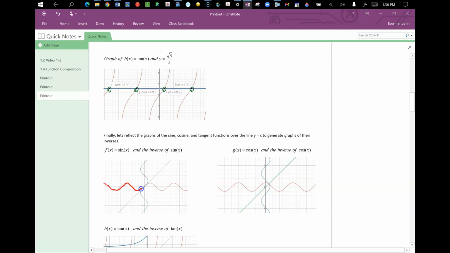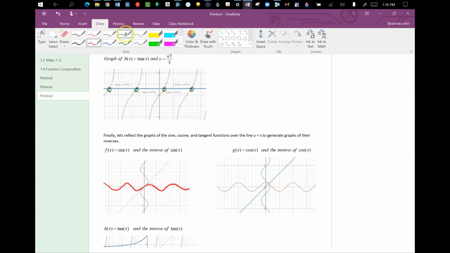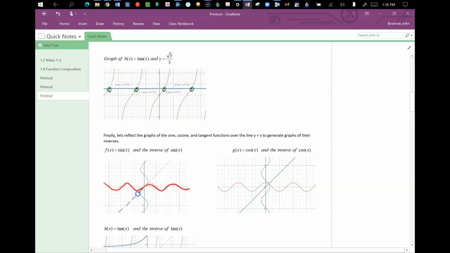The sine function in red like that, and the line y equals x in green like that. If we reflect the sine function over the line y equals x, what we have in blue here is the inverse of the sine function.